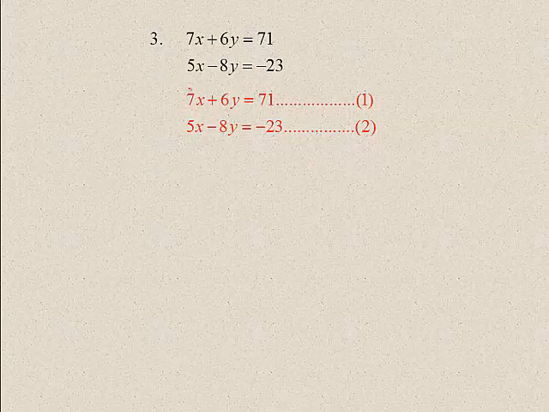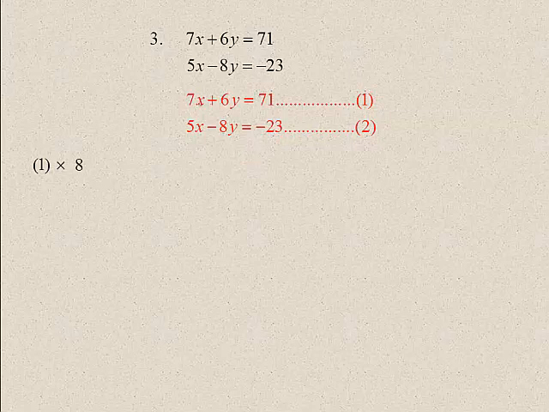What do I notice, guys? I've got a 7x, a 5x, 6y, minus 8y. It becomes difficult to take one of the equations by multiplying it by anything to get the second equation, which means when you come across an example like that, you would have to manipulate both equations. Firstly, what happens if I take equation number 1 and multiply it by 8?